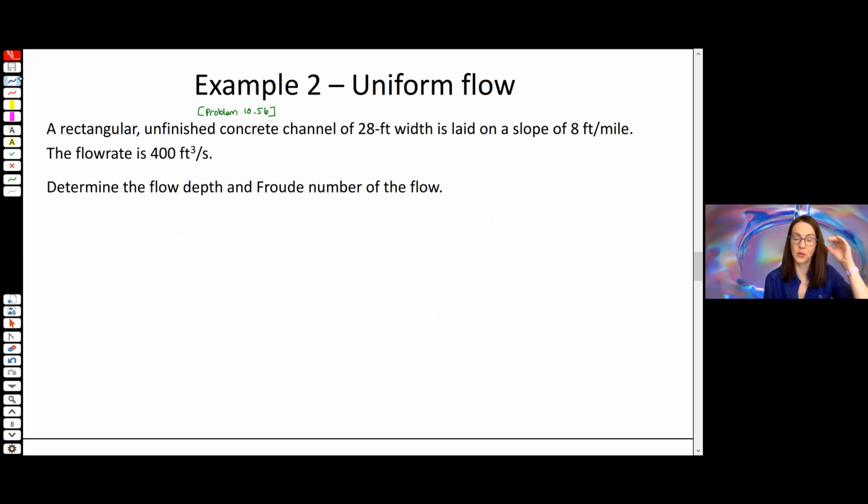Now we're given the flow rate, 400 cubic feet per second. We want to determine the flow depth and the Froude number.